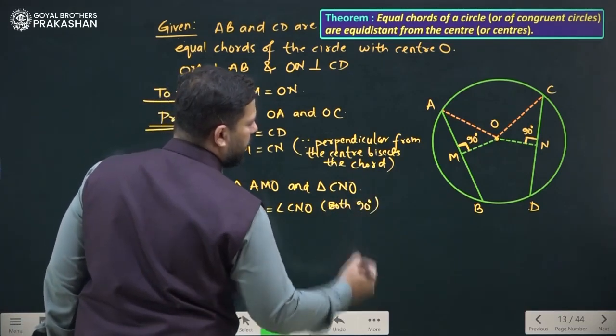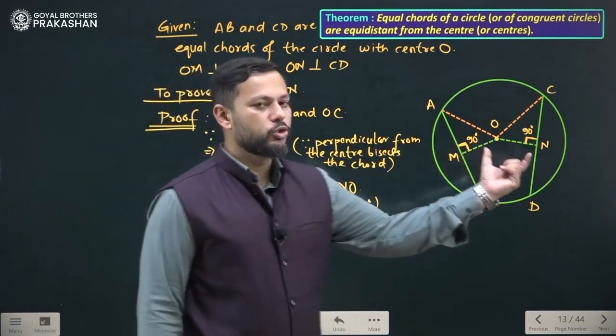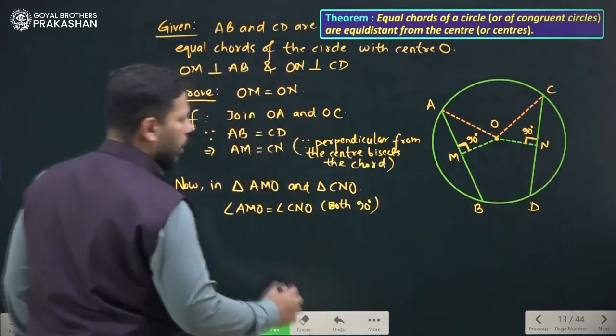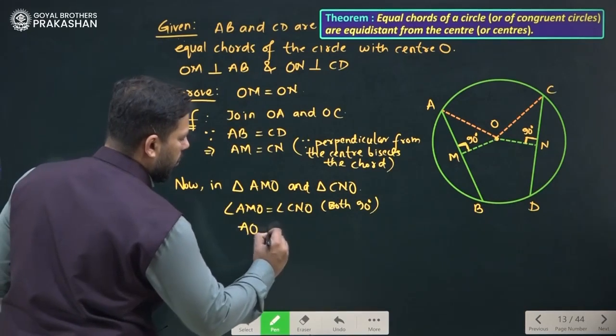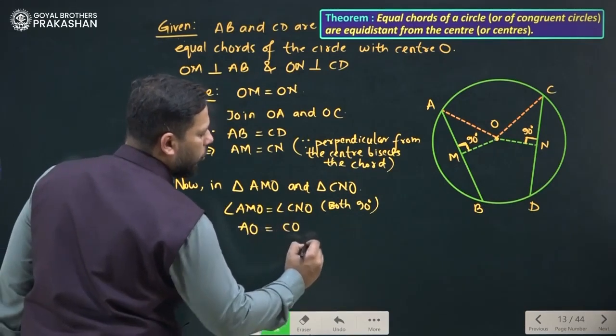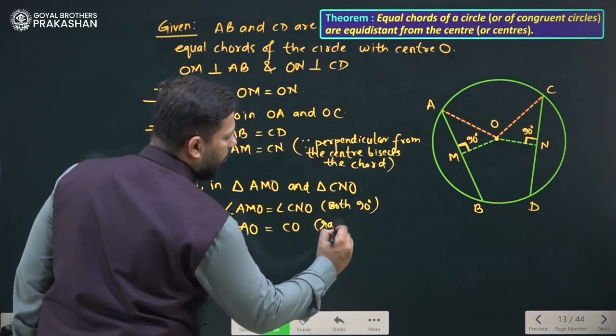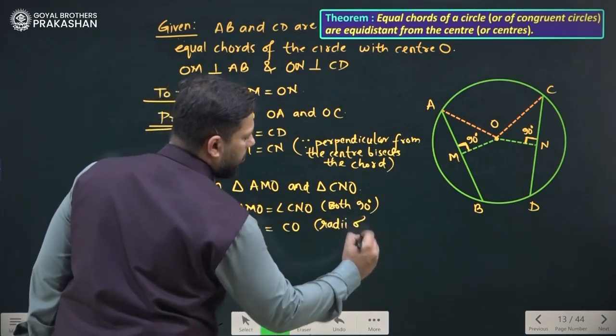We know that we have drawn two perpendiculars, so these two angles are 90 degrees. Now, the next thing that we could take is AO is equal to CO. Why? Radii of the circle.